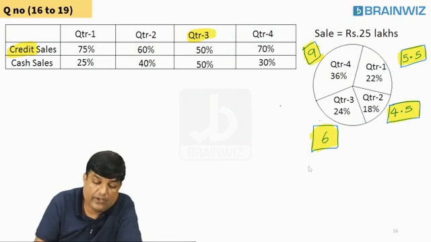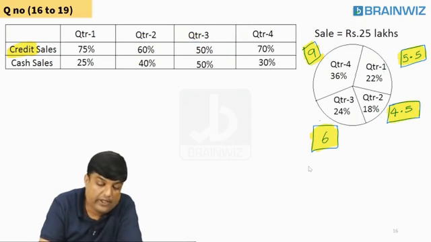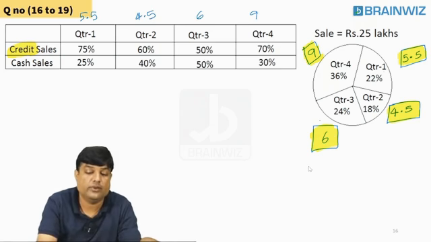50%. So here we have got all the 4 numbers. Here we can say 5.5 lakhs. Here we can say 4.5 lakhs. Here we can say 6 lakhs. Here we can say 9 lakhs. So these are the 4 numbers which we got.